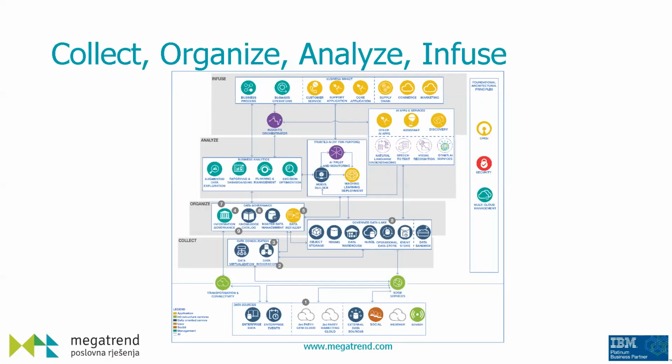Then we are discovering all the metadata. At step 5, we are discovering the metadata, and we are adding additional insights to our data content, and we are populating it back to the knowledge catalog.